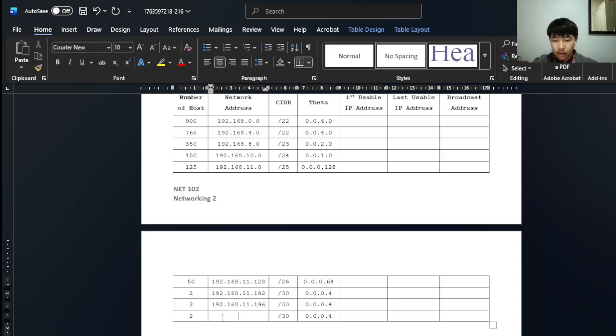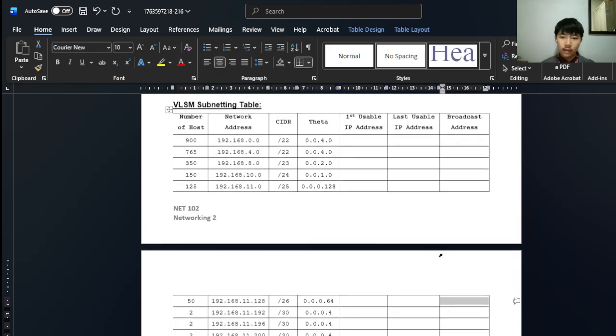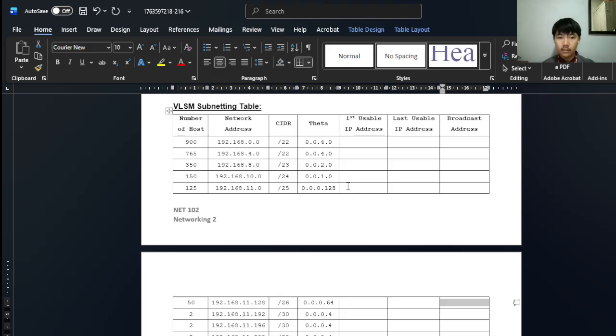Then by 4 again: 192.168.11.196, and then 192.168.11.200. So we're done with our network addresses.